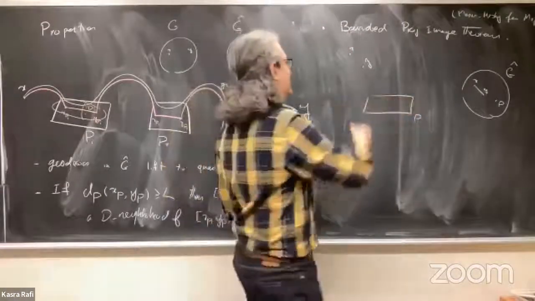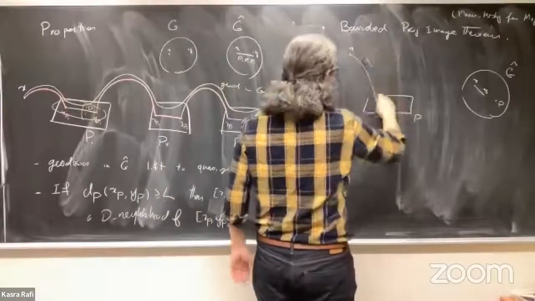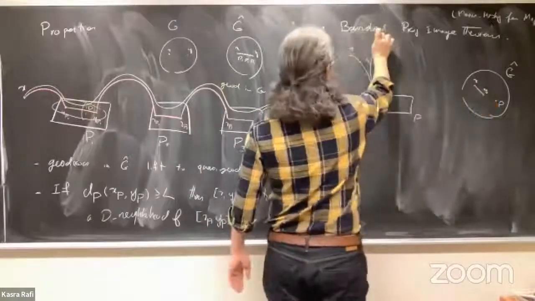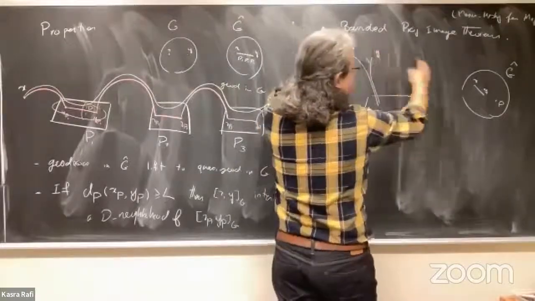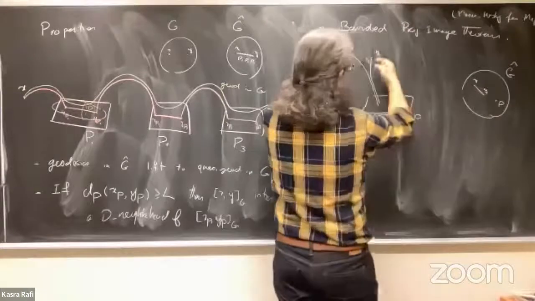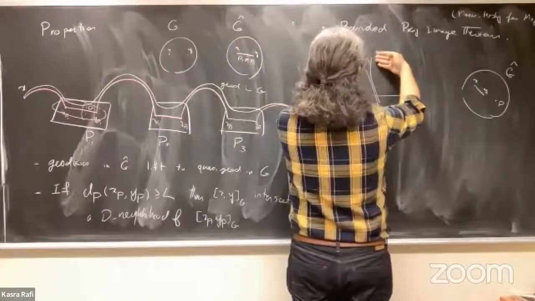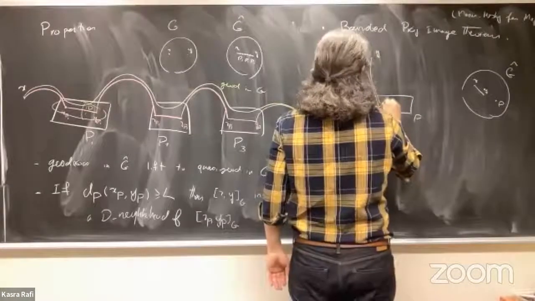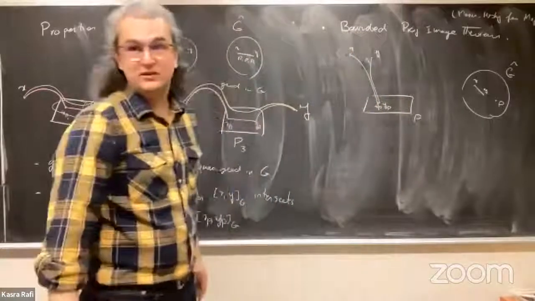Better yet, the hyperbolicity of G hat kicks in: if X and Y are closer to each other in the G hat sense than they are to P, then as I project them to P, the hyperbolicity brings them together. So the projections of X and Y to P are a bounded distance from each other.